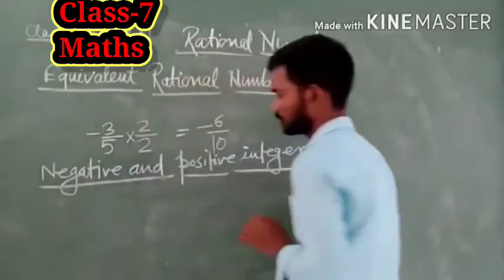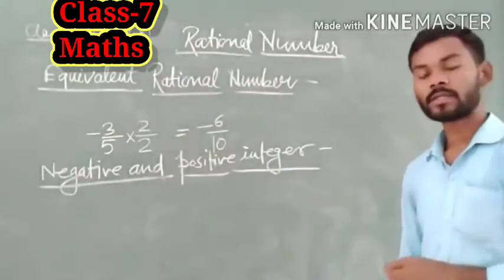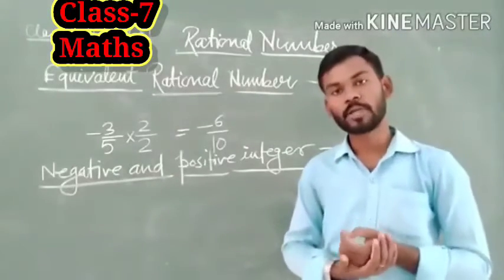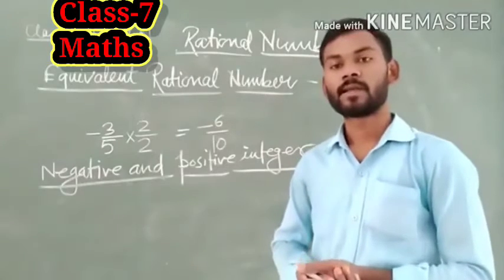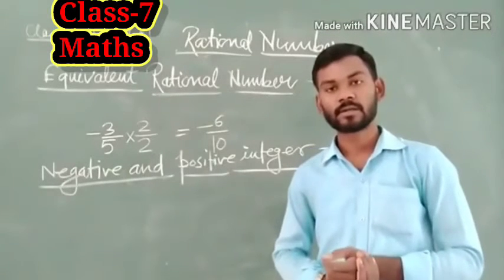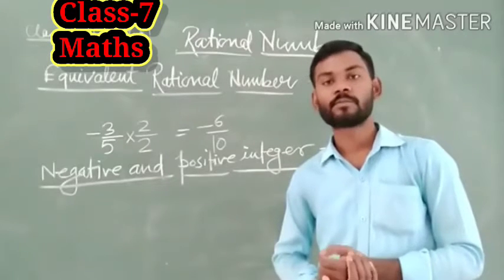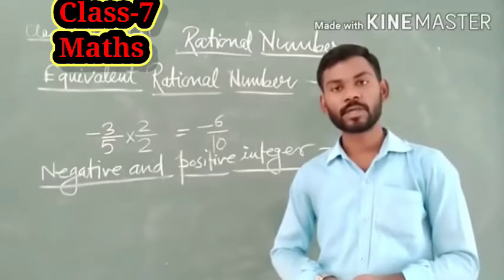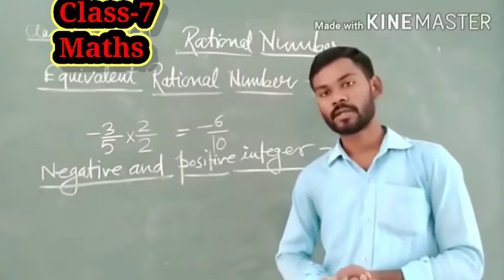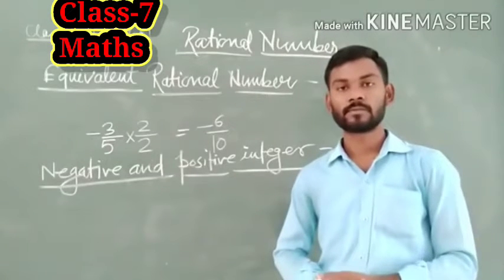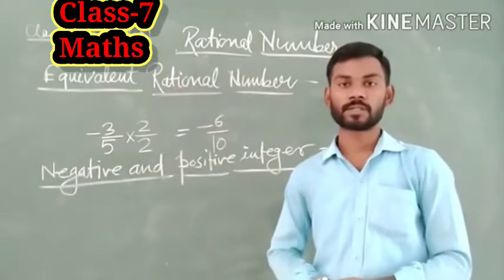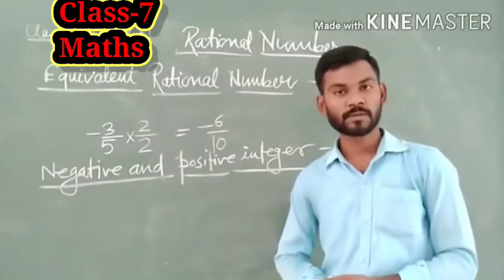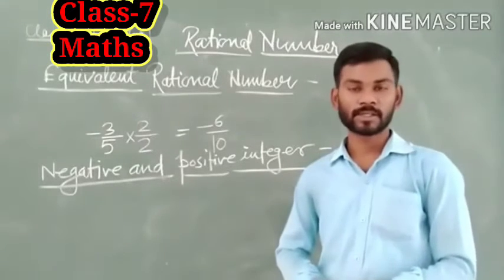Since we know that in a rational number, the numerator and denominator belong to the set of integers, and the set of integers possesses negative integers, positive integers, including 0. And also we know that 0 is neither positive nor negative. Therefore, except for the 0 rational number, all rational numbers are either positive rational numbers or negative rational numbers.